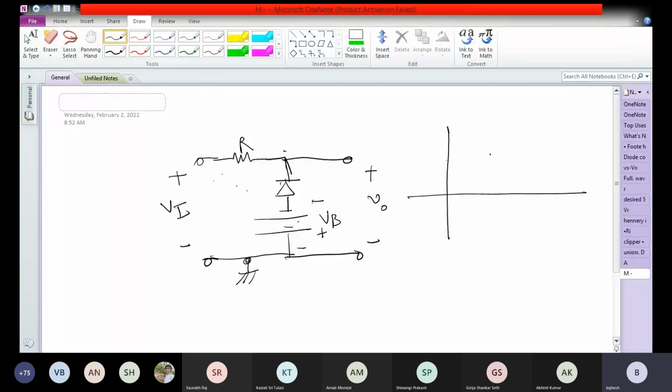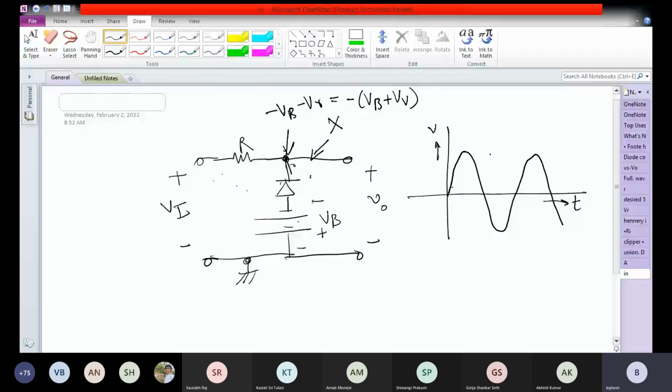You can draw the input waveform. So the voltage again at the point X will be minus Vb plus V gamma, or minus of Vb minus V gamma.